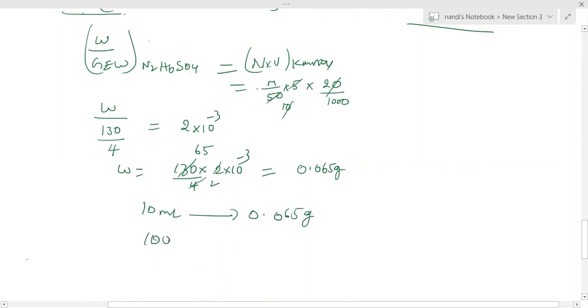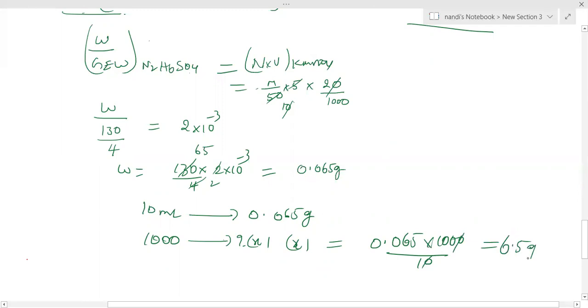Then 1000 ml contain how much? 1 liter equals 1000 ml. So X equals 0.065 into 1000 by 10. It will cancel, then we get 6.5 grams. This is the answer.